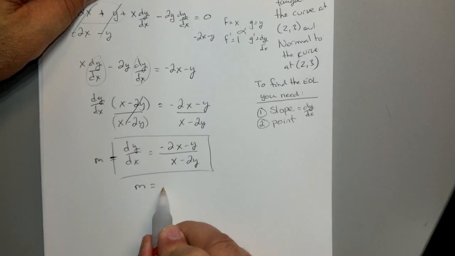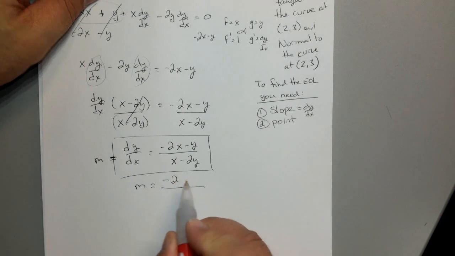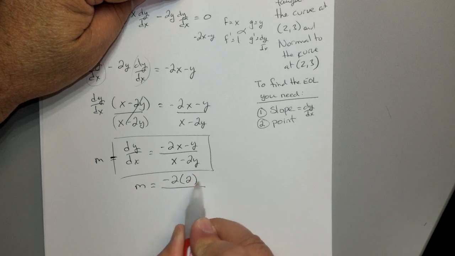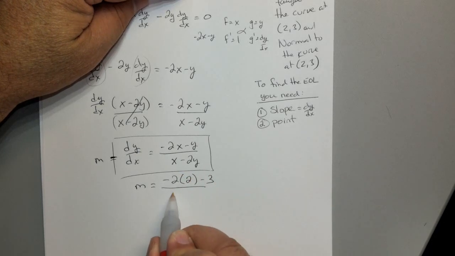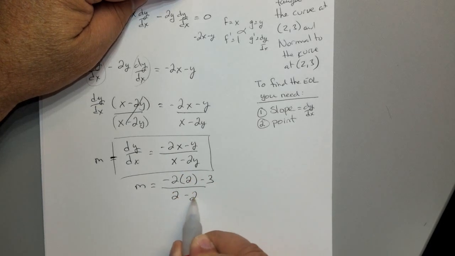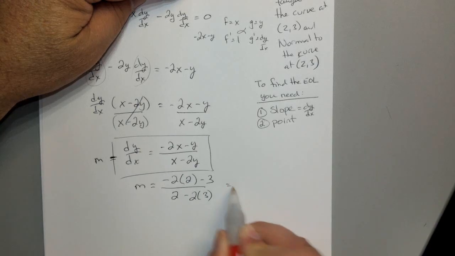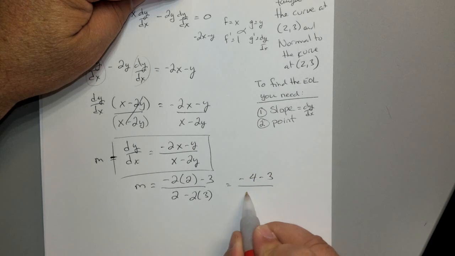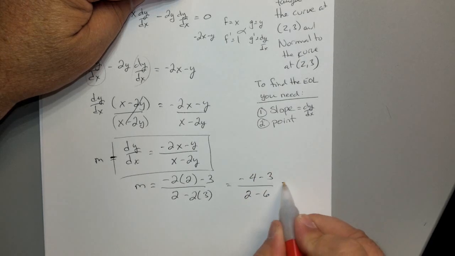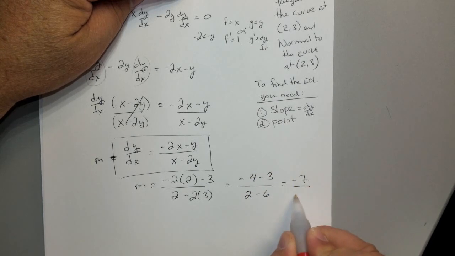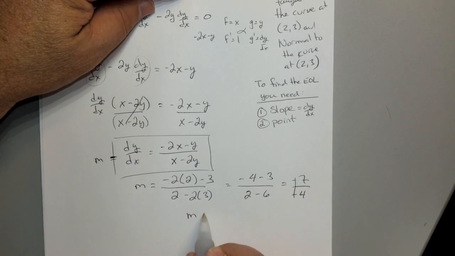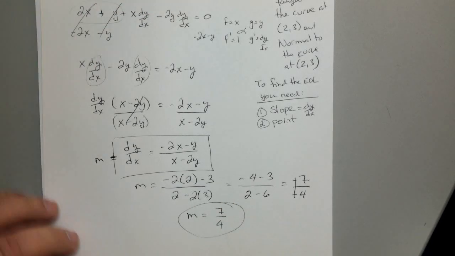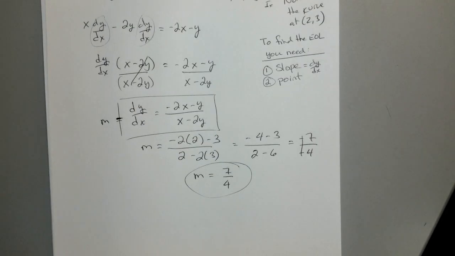The slope is negative 2 times x, which is 2, minus y, which is 3, over x minus 2y. That's negative 4 minus 3 over 2 minus 6. So the slope is 7 over 4. Positive 7 over 4.